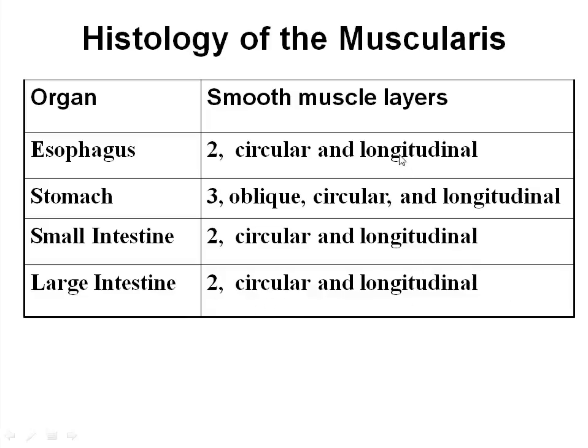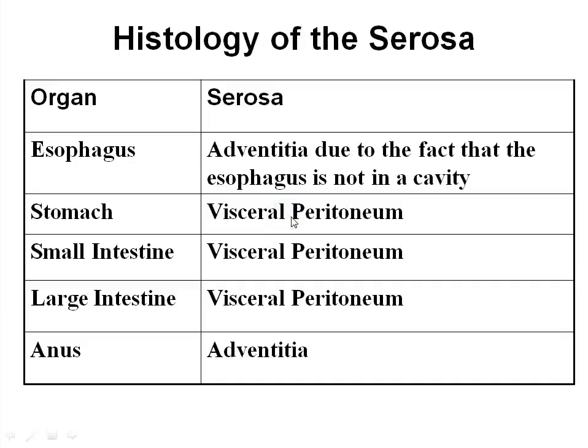So the esophagus, small intestine and large intestine have only these two types of muscles, which lead to peristaltic movement or propulsion of food forward. Whereas the stomach has one more, oblique kind of muscle, to churn or mix the food and to maintain elasticity in the stomach.